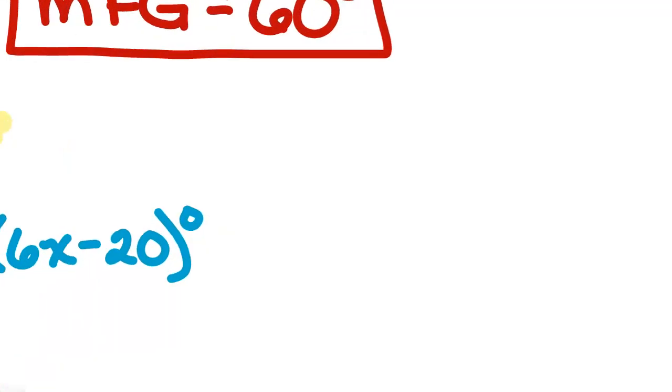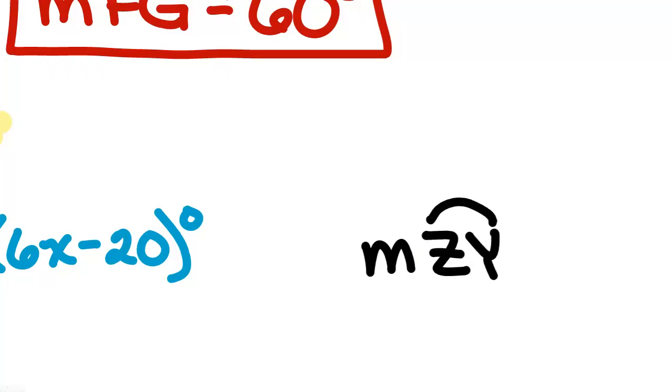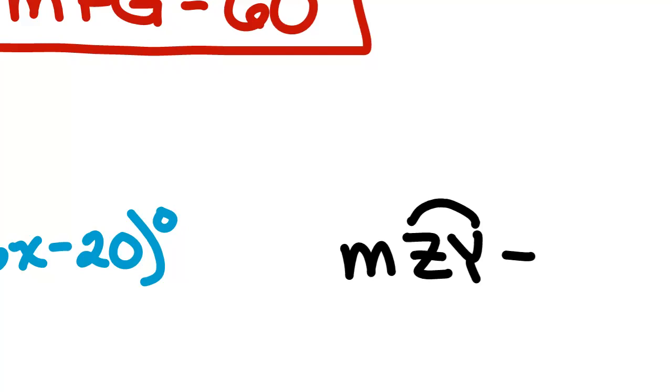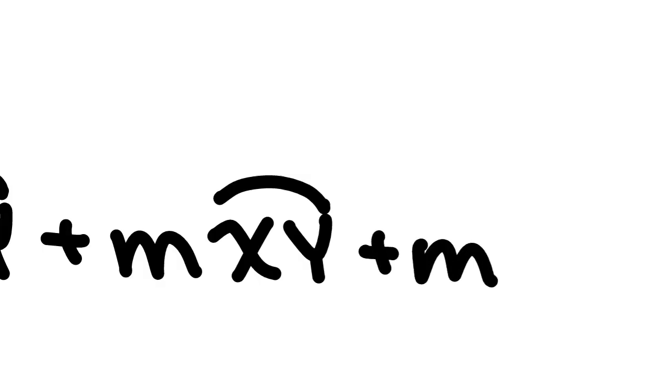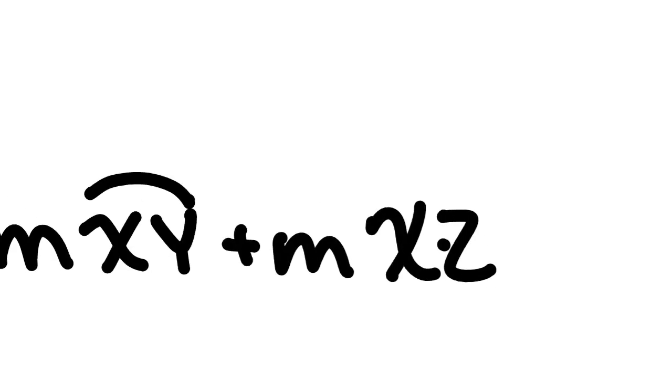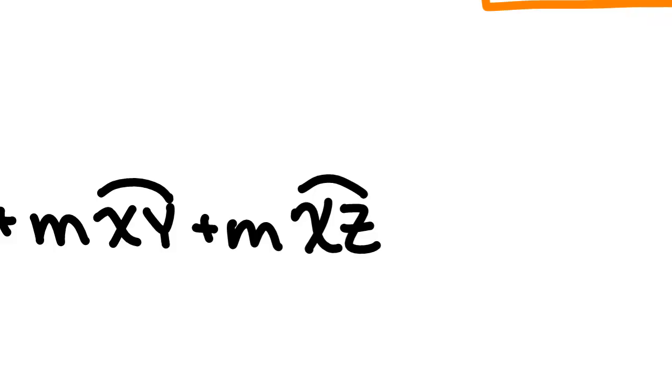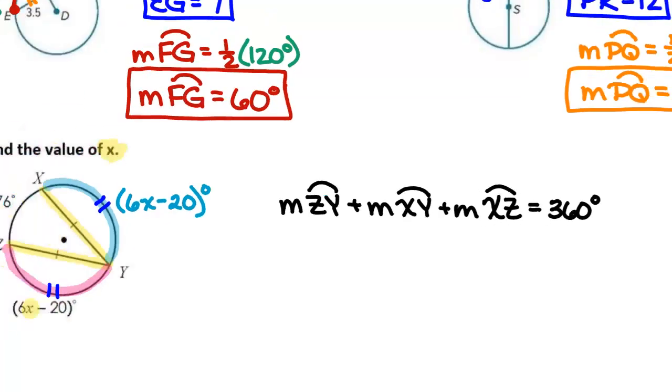All right, so we have arc ZY plus arc XY plus arc XZ, and that adds up to 360 degrees.